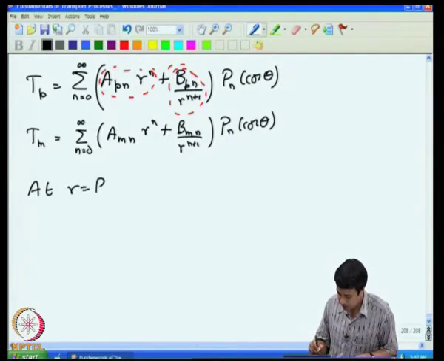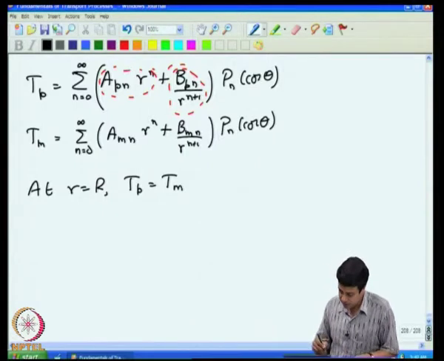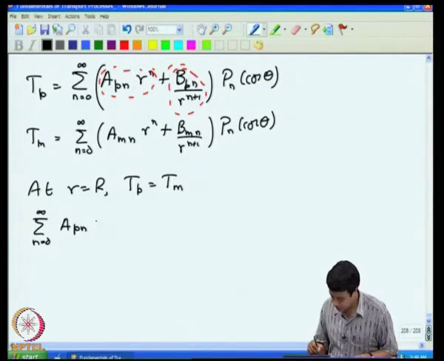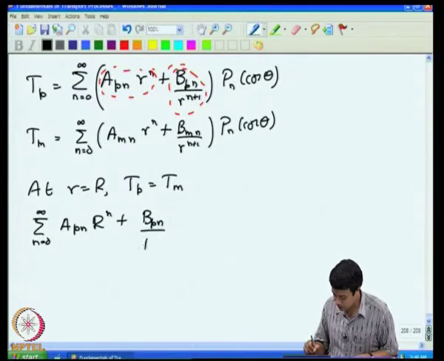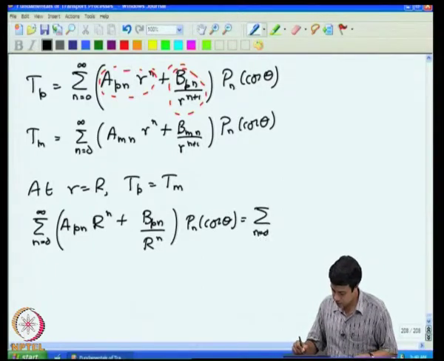At the surface, at r is equal to capital R, I require that Tp is equal to Tm, which means that the summation n is equal to 0 to infinity of Apn r power n plus Bpn by r power n, Pn of cos theta, is equal to the summation to infinity of Amn r power n plus Bmn by r power n plus 1, Pn of cos theta.